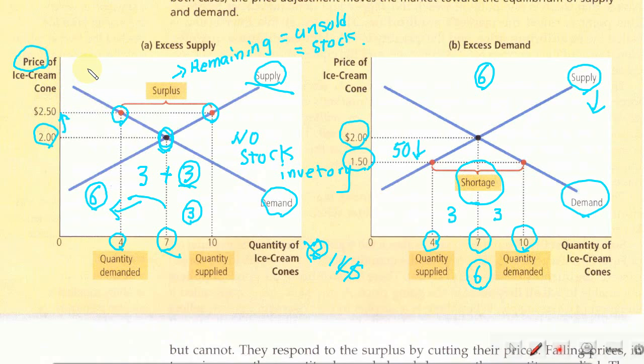So we can imagine that the movement of supply or movement of demand is a result in surplus and shortage. Okay, surplus of supply, shortage of demand at the same time.